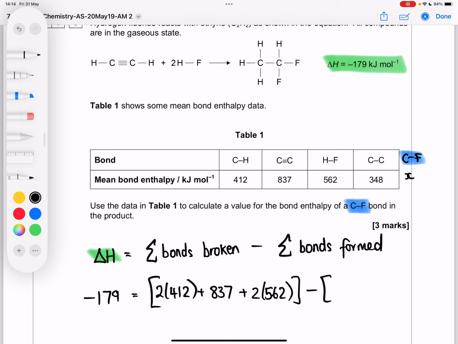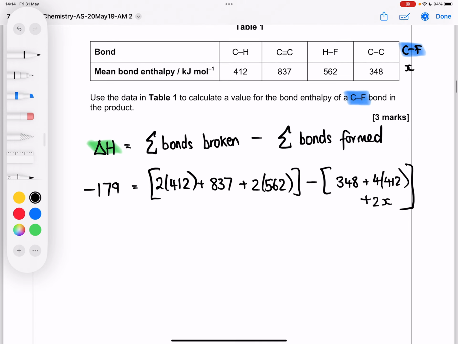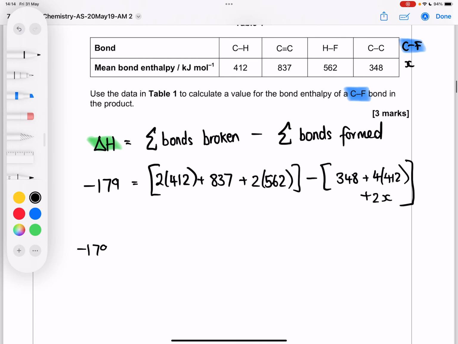We've made 1 CC, 348, and 4 412s, 4 CHs, and 2 X's. Minus 179 equals, and then we're going to type all that into our calculator. So we're going to do 2 lots of 412 and an 837 and 2 lots of 562.